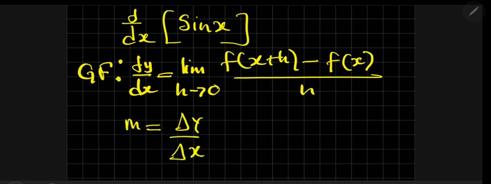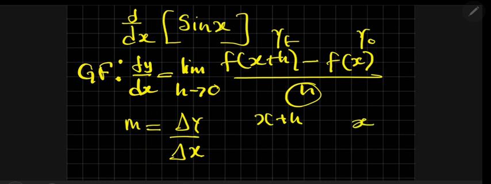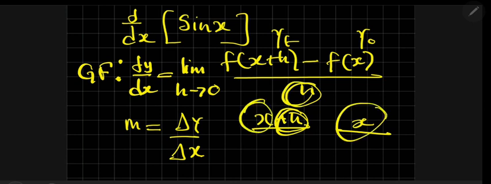This is exactly what you have here. f of x plus h and f of x are more like y final and y initial, and the h is the difference in x, because you have x plus h in the first part and only x in the second, and the difference between them is h.